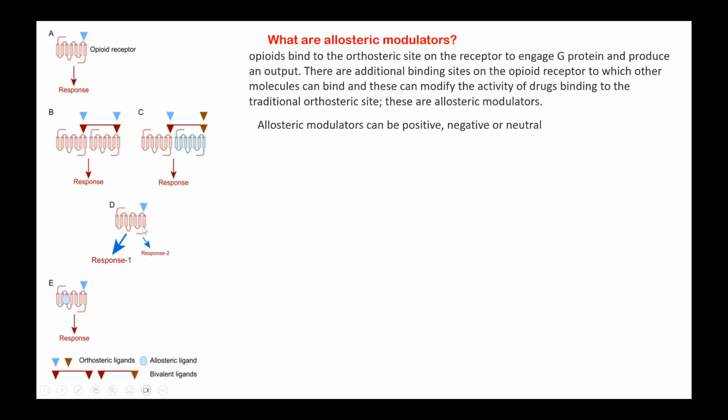And the third is the biased agonism, what I showed you. When a ligand comes which has more of an analgesia component, you can see response one is more towards analgesia and response two, the side effect stimulation, is much less. Another type of modulator is the allosteric modulator, which is present in between the channels, not on the surface like this.